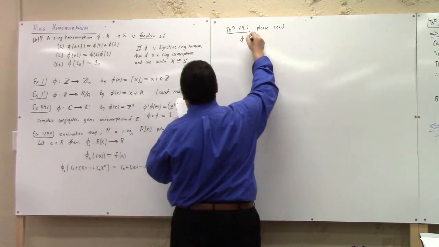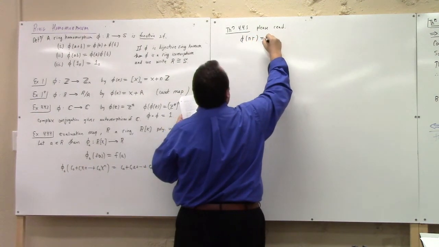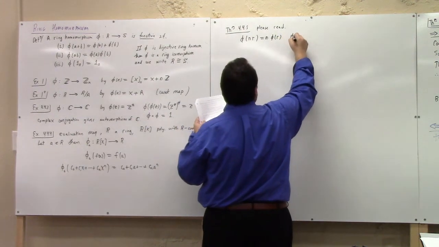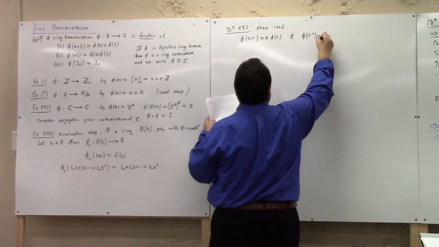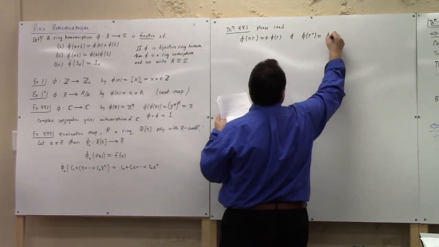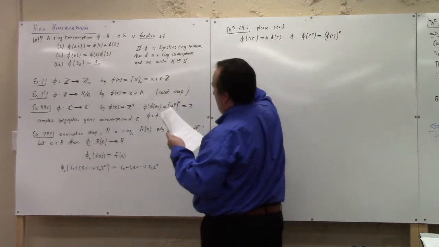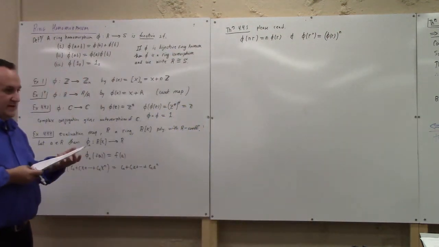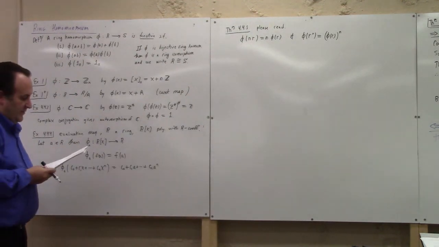Phi of nr is n times phi of r, and phi of r to the power n is phi of r to the n. So these, in other words, the properties 1 and 2 extend inductively, right? This is the inductive extension of properties 1 and 2.